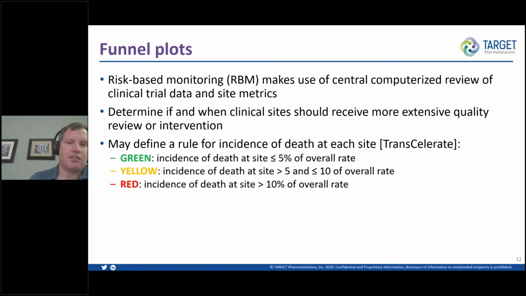In this example, we're talking about deaths. If a particular site's death rate is within 5% of the overall rate, we may say this is a mild issue. If it's between 5 and 10%, this may be a moderate issue. And if it's excessive, greater than 10% of the overall rate, we would flag this as a severe issue.